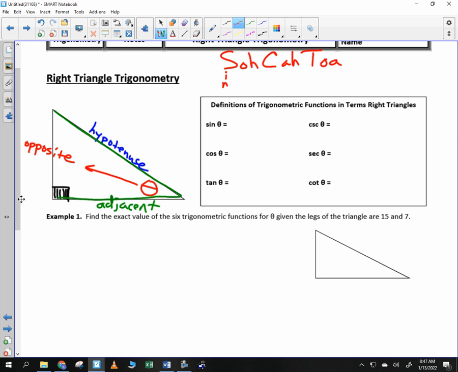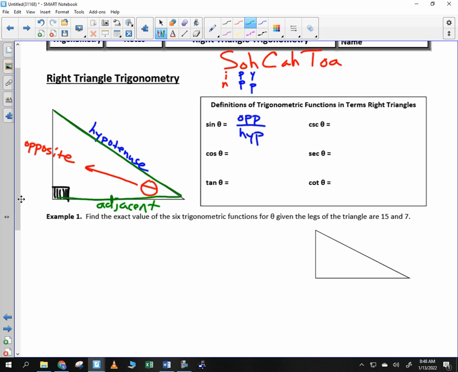All right, so what does the O stand for? Opposite. Sine. And what does the H stand for? Hypotenuse. So therefore, sine is the opposite side divided by the hypotenuse. This acronym can help you figure that out.